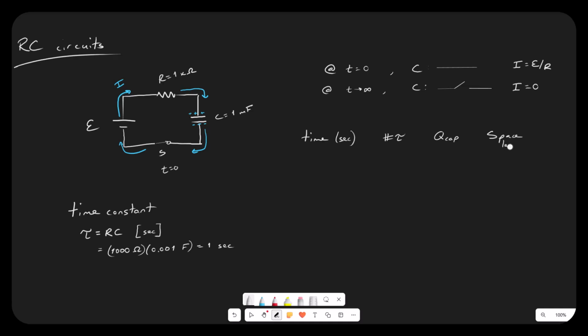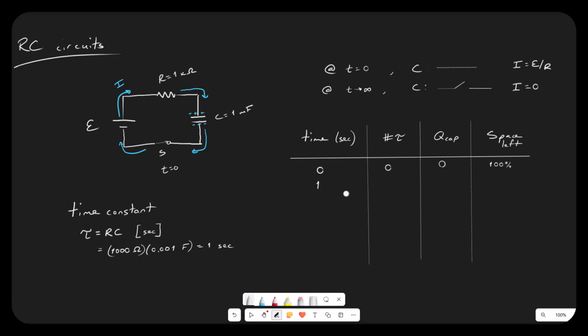So space left. Might not sound very sciencey to say that way, but that's okay. After 0 seconds, no time constants have gone by. The charge on my capacitor is 0, and the space that's left is 100%.